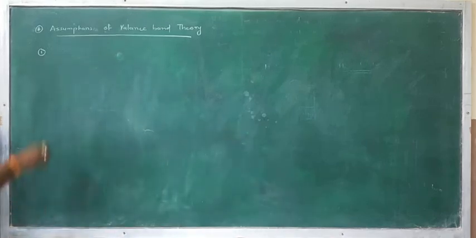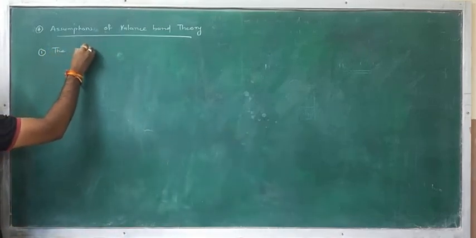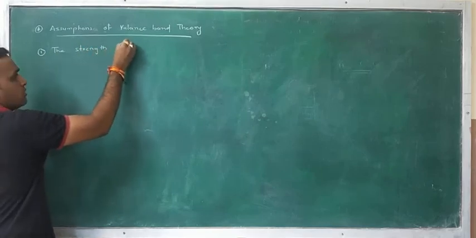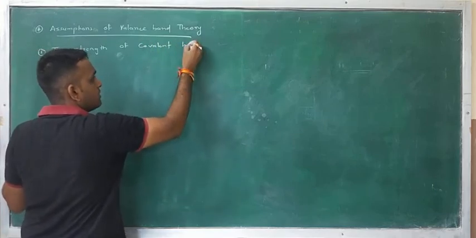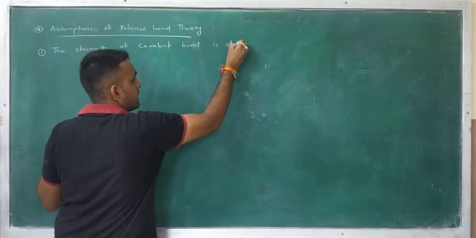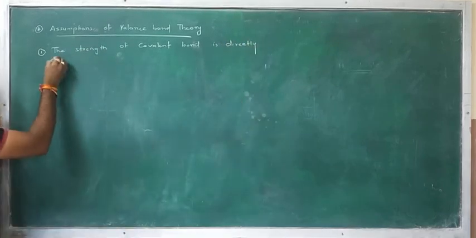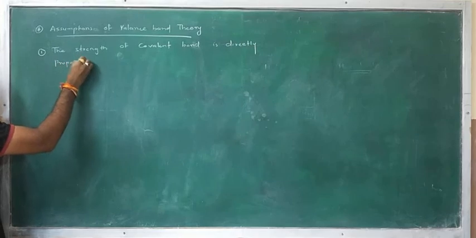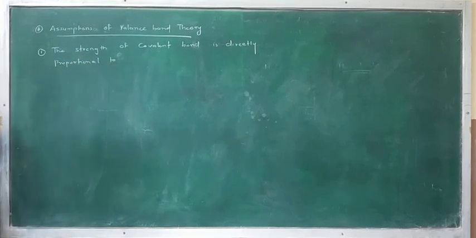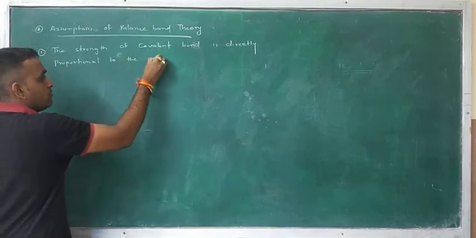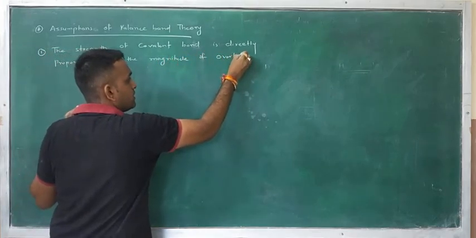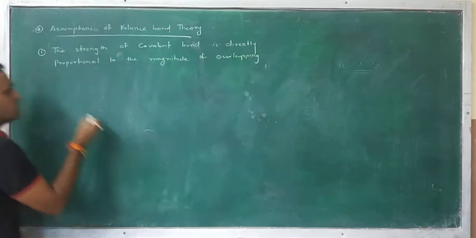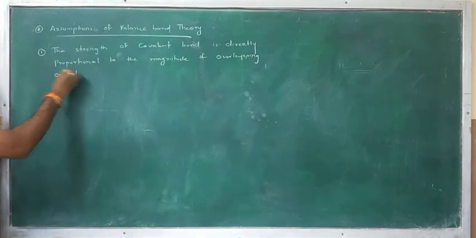So I can write down, the strength of covalent bond is directly proportional to the magnitude of overlapping of orbitals of two atoms, right?